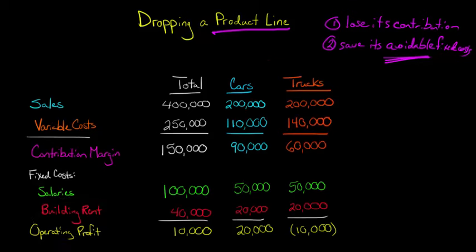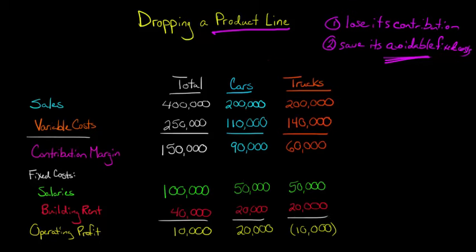It's not going to change. It's still going to be $40,000. So by allocating it and saying, we'll take $20,000 with the cars and $20,000 with the trucks, that might seem fair, right? You're just saying, hey, 50-50, we'll split it. But it can affect your decision making because this $20,000 that you've allocated to the trucks is not going to go away if you get rid of the truck division.